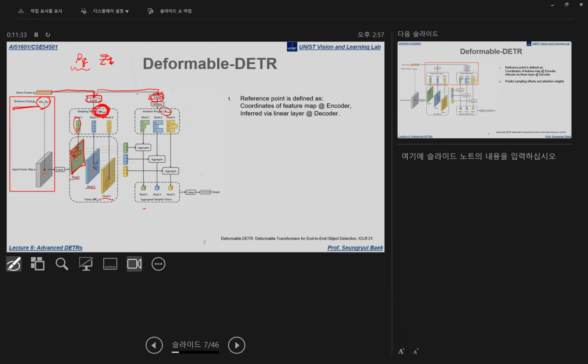Then we also calculate the A matrix, which is the contribution of each value feature, and we get each head's attention value. Then by applying another weight to concatenate the multi-head outputs, we get the final output here. That's the deformable attention mechanism.